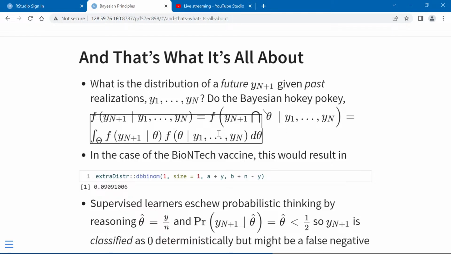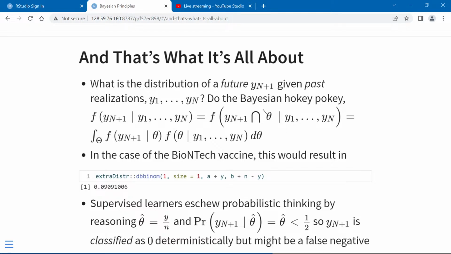But from a Bayesian perspective, both supervised learning and traditional frequentist stuff are very similar in that they're plugging in point estimates when really we're far from certain as to what those parameters are, given the data that we have.